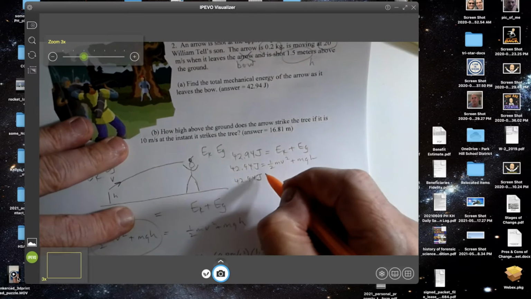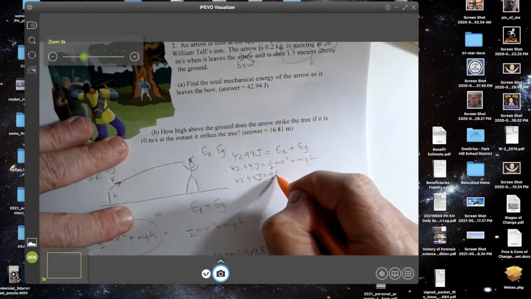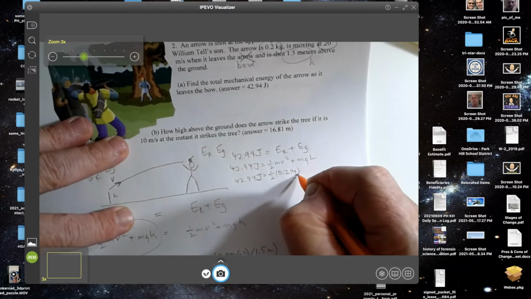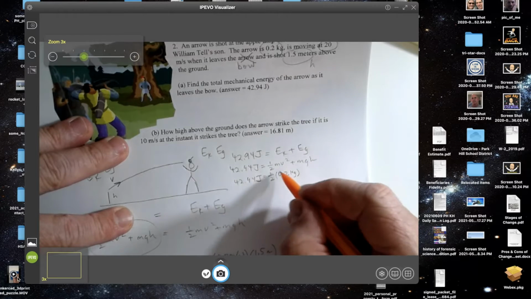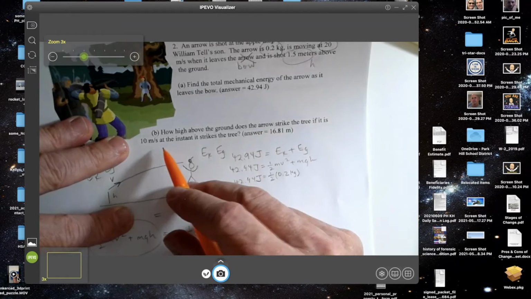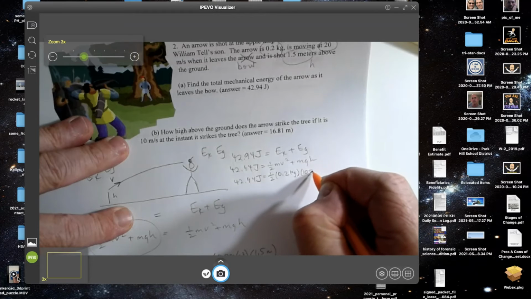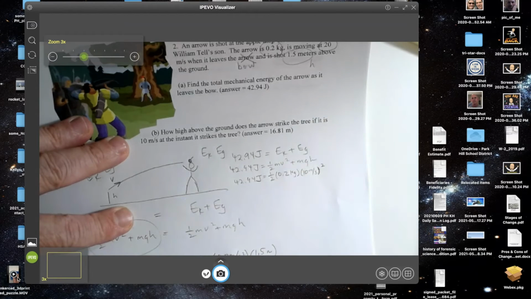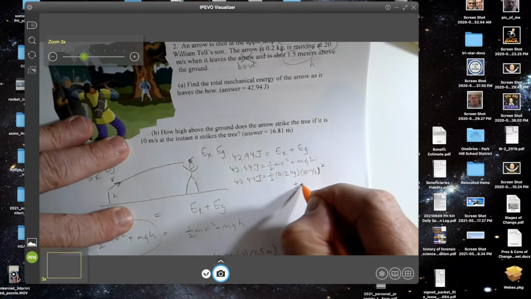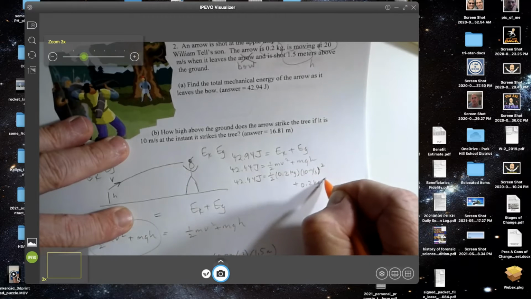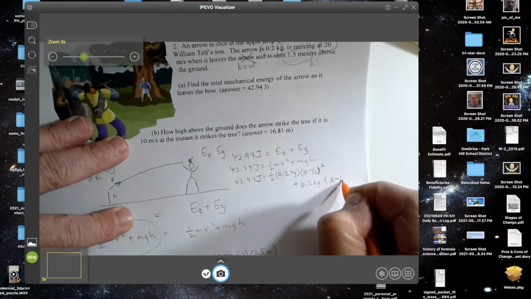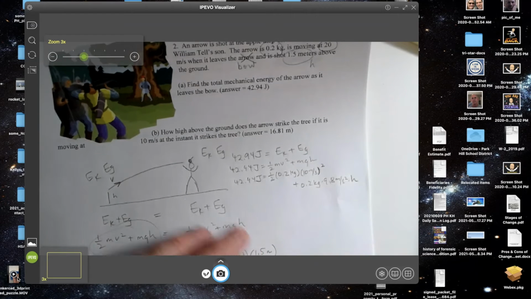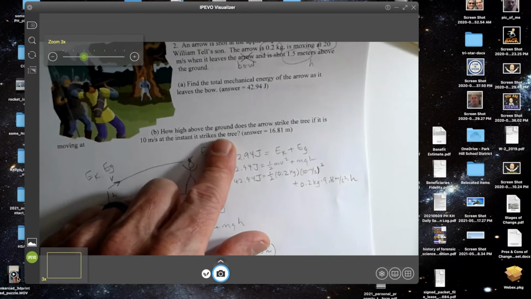That's going to equal 1/2 times 0.2 kilos times the velocity, which we said was 10, squared, plus 0.2 times 9.8 meters per second squared times h. And that's what we want to get, the height above the ground.